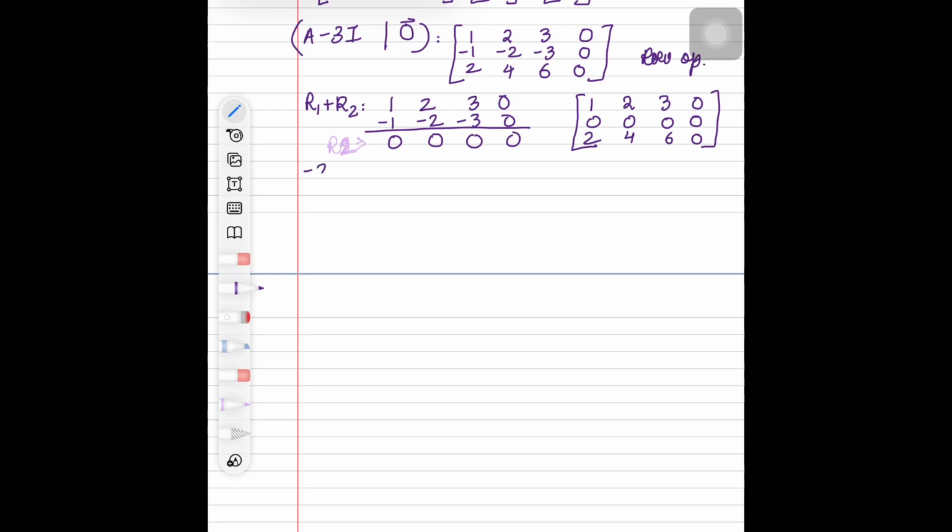We can do negative 2 R1 plus R3, so we're ending up with row 3 as all zeros as well.